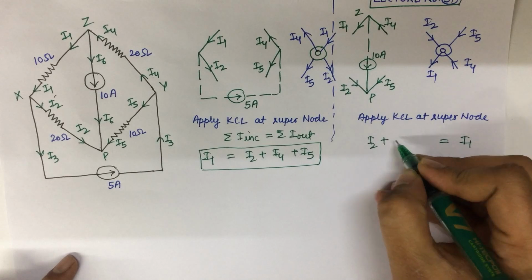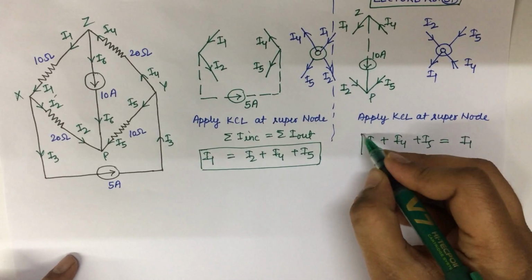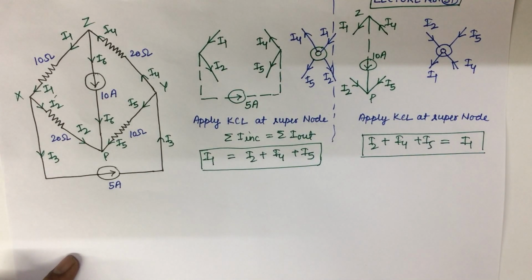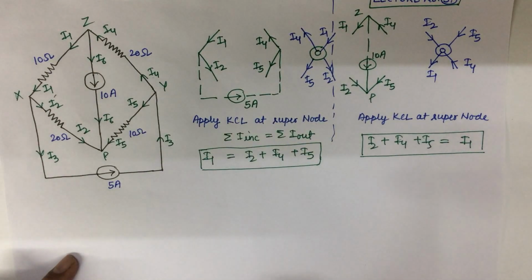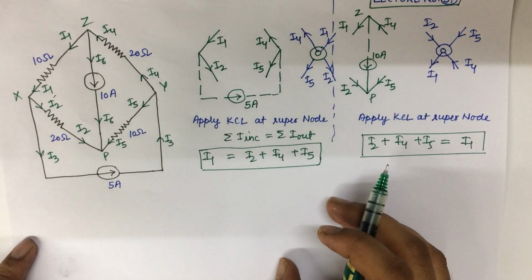So I1 is equal to I2 plus I4 plus I5. In this way we find these two similar equations. So you have to choose any two nodes and treat them as a super node.